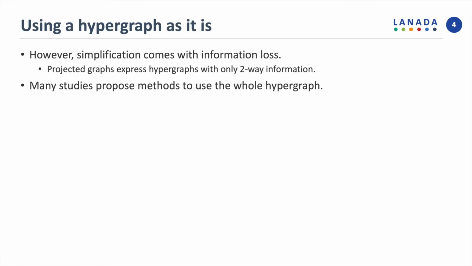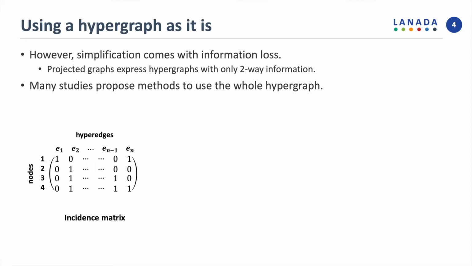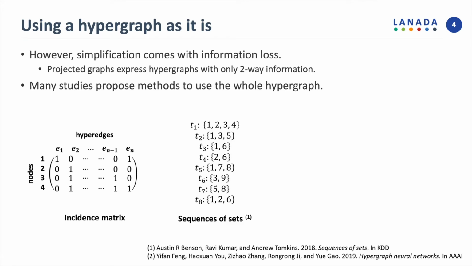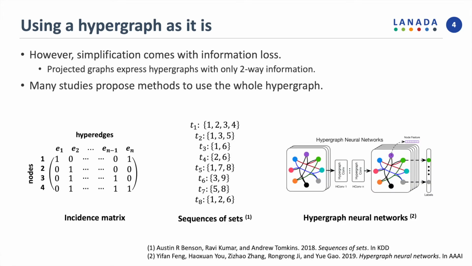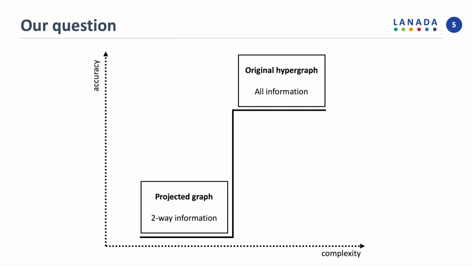So many studies propose methods to use the whole hypergraph so that we don't have information loss. For example, the incidence matrix and sequences of sets and the hypergraph neural networks. So we can see that previous studies either used two-way information or they used all the information.